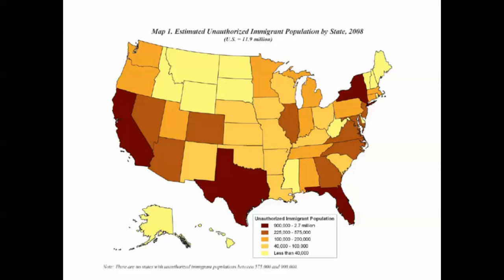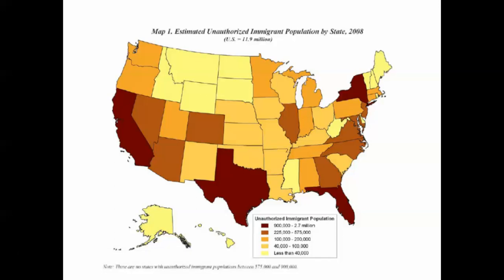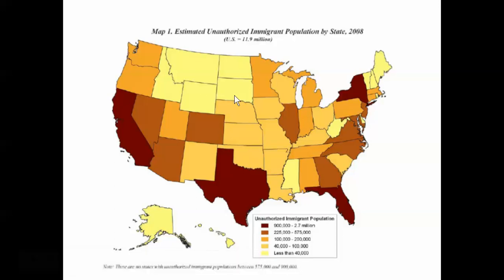again about this map. So this is an unauthorized migrant population by state, 2008. If you'll notice the legend, again, here's our legend, and I always want you to think about what is being lumped together. In the case of this legend, all of the states that are in the lightest here have less than 40,000 migrants.